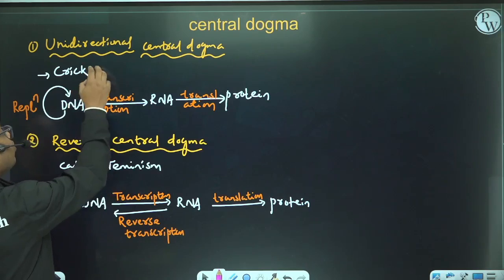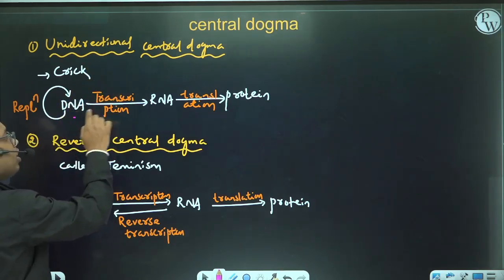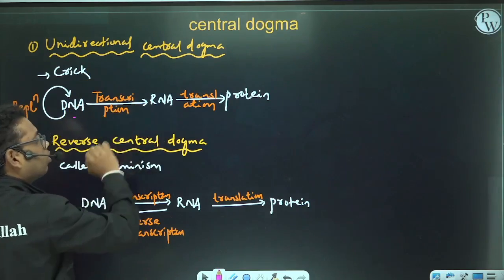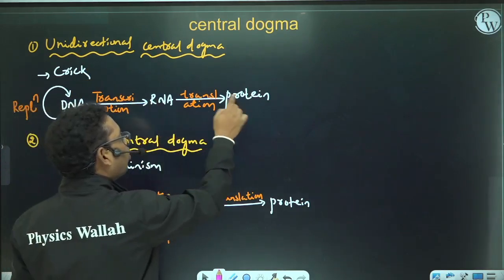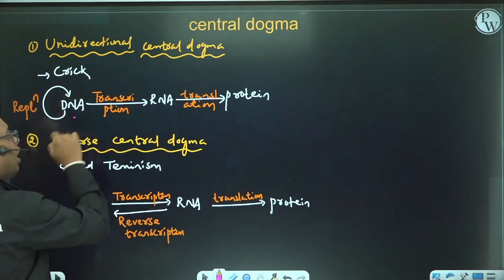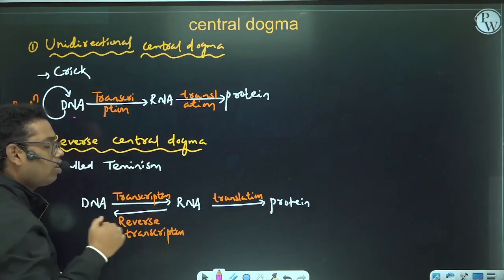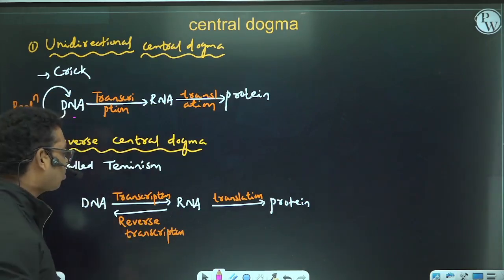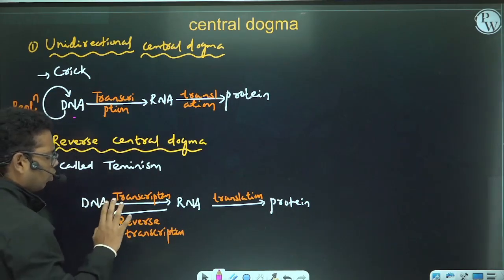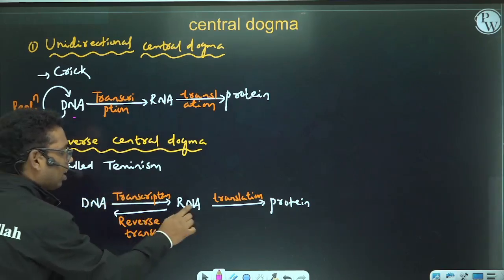So what about unidirectional central dogma? I have DNA. From DNA, RNA is formed by transcription, and from RNA, protein is formed by translation, and DNA forms DNA by replication, and this is called unidirectional. Suppose I have DNA. From DNA, RNA is formed.